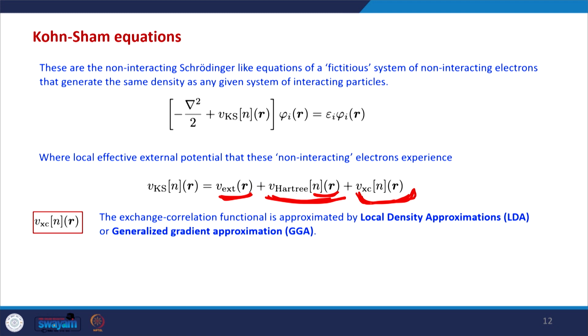Exchange correlation is a more difficult one, and there are multiple approximations to calculate this exchange correlation component. The two most popular ones are the local density approximation, LDA, and the generalized gradient approximations. I'm not going into the details of these approximations in this class, but from these we can calculate the exchange correlation component in the Kohn-Sham potential functional.